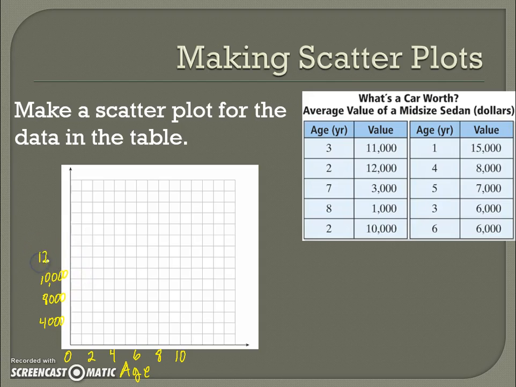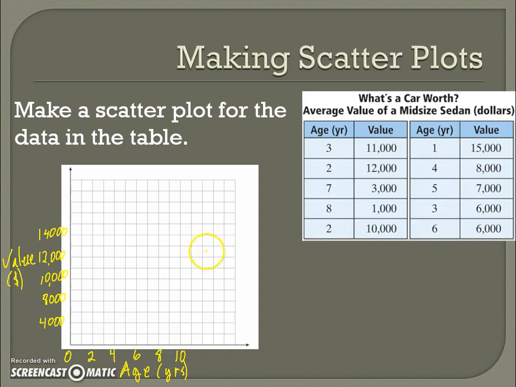This could be 12. And we'll go one more just in case I need it. All right, so from this point, I need to label all these things. Value. Okay, so here's the age in years. Probably ought to tell us that it's years. And then here's the value in dollars.